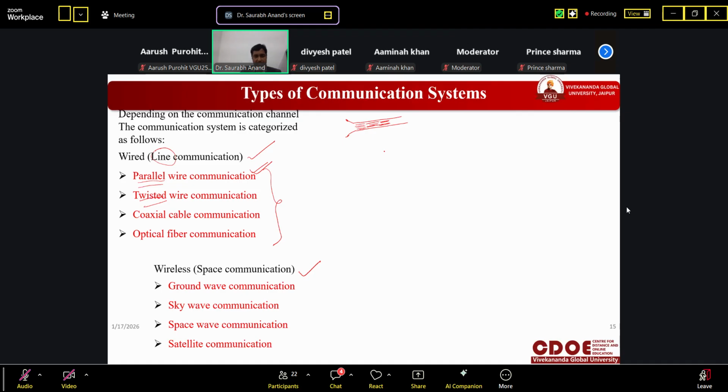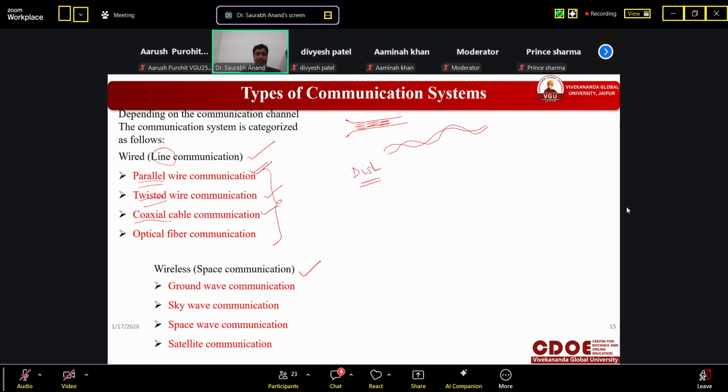This is the twisted cable. Two wires are actually twisting each other. So if we are sending the information through that wire, then it is known as twisted wire communication. And coaxial cable means that is the dish wire.